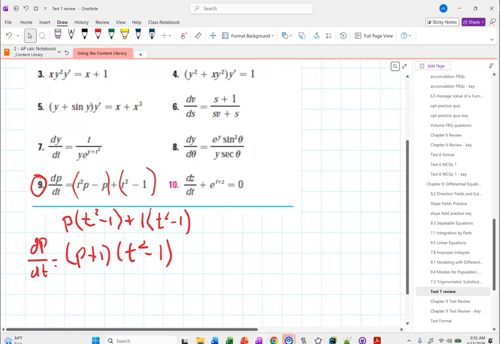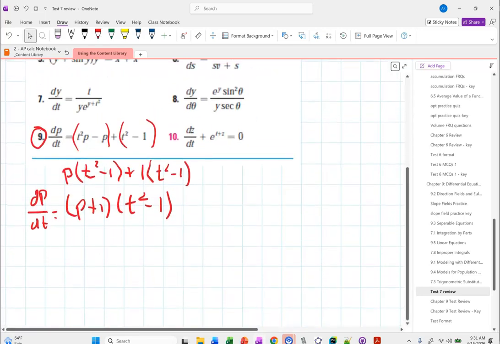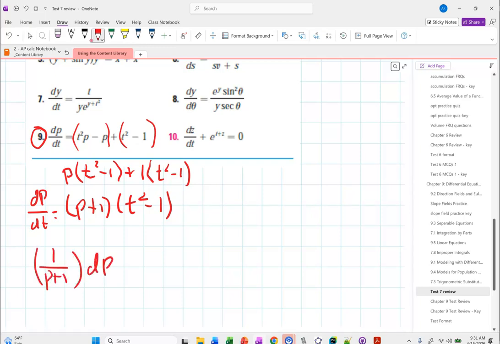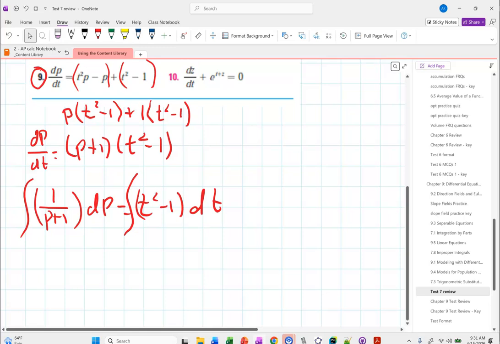So I'll divide both sides by p plus 1. And then multiply both sides also by dt. Then we'll integrate both sides. So to integrate 1 over p plus 1, I have to do a u substitution.